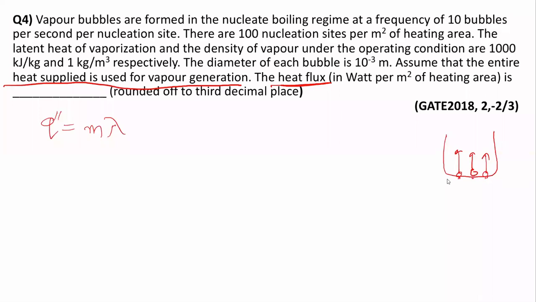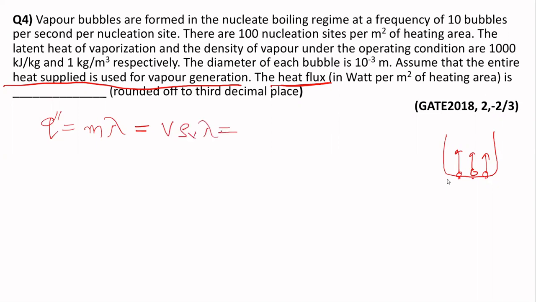Q double dash refers to heat flux. Lambda is known to us; the only target is to find the mass. I can say mass equals volume of the vapor bubbles times the density of the vapor.